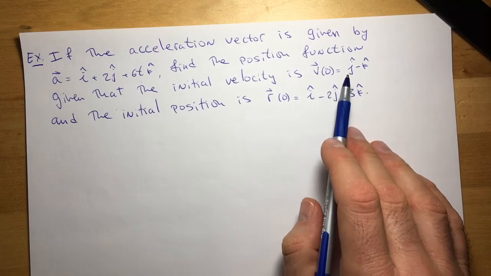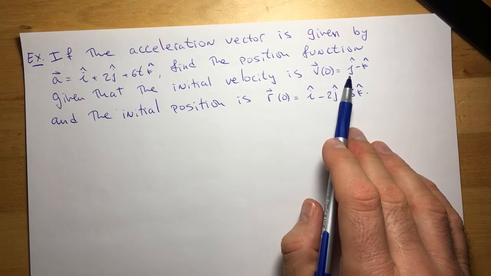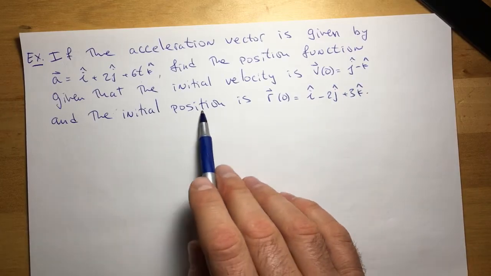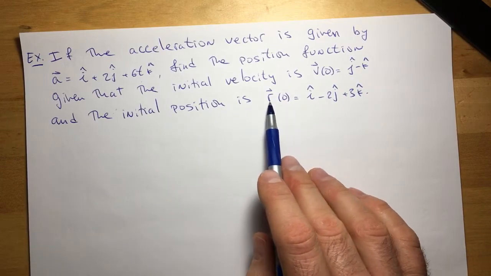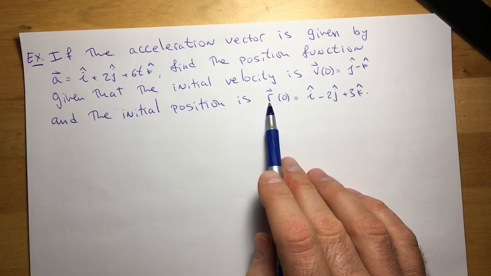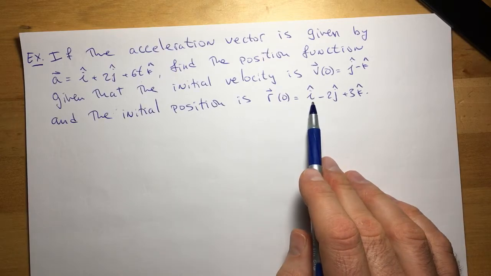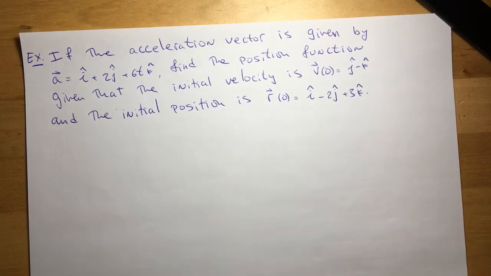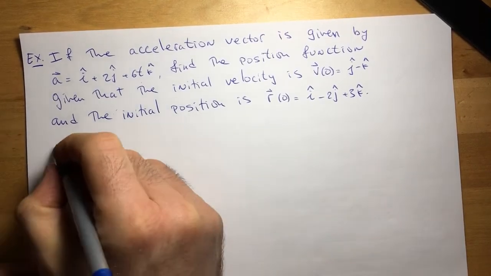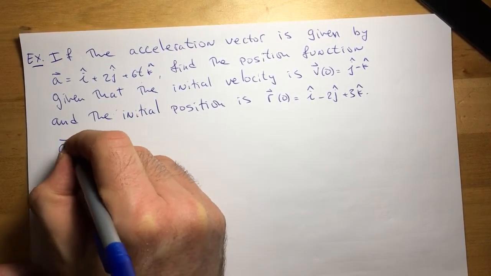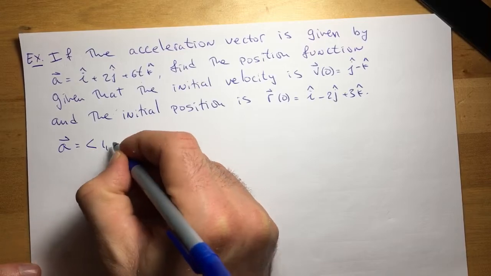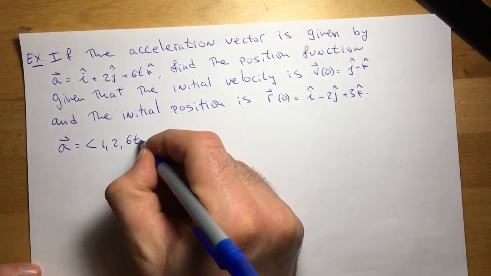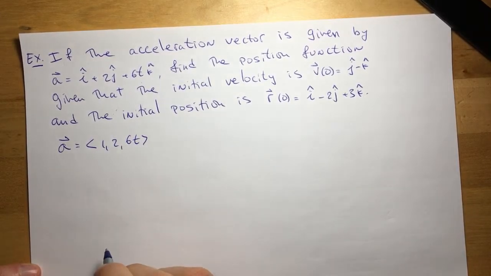V of 0 is equal to j minus k, and the initial position, that means the position function at the beginning, is i minus 2j plus 3k. So we have the acceleration vector ⟨1, 2, 6t⟩, what is given.